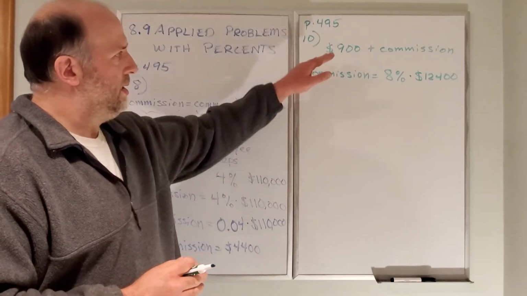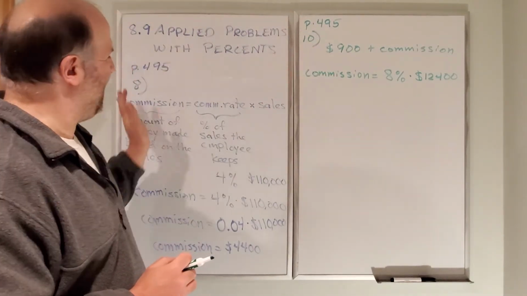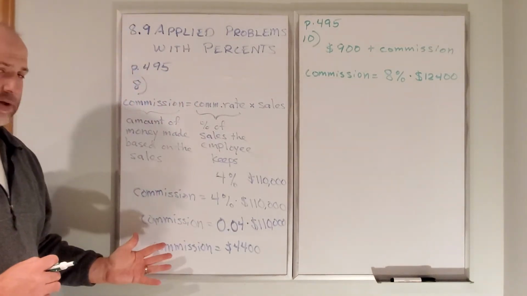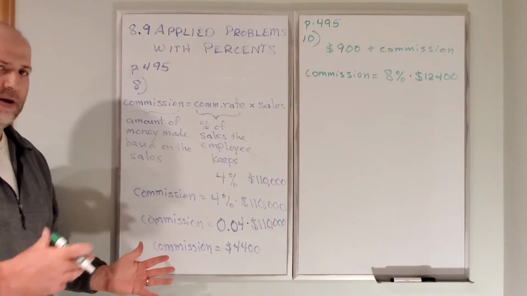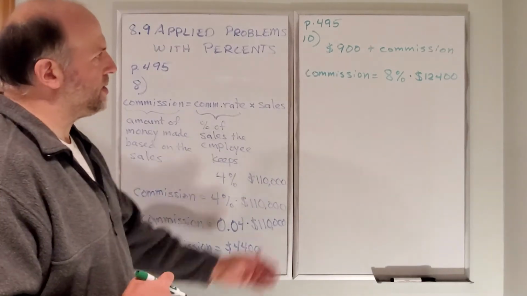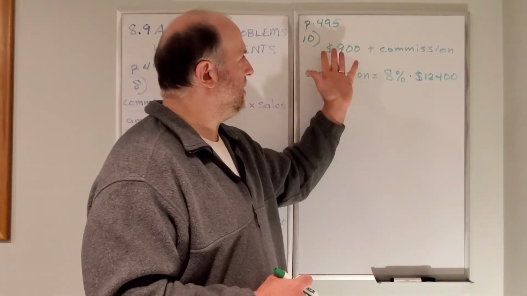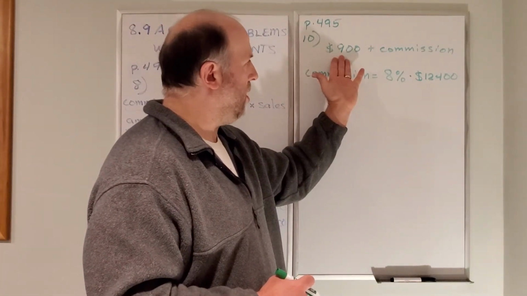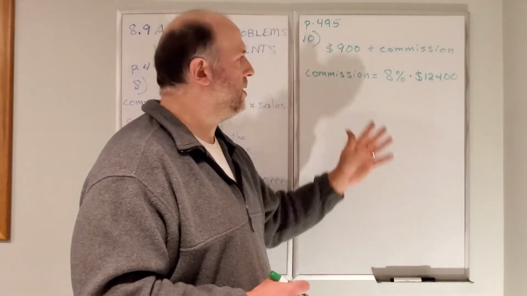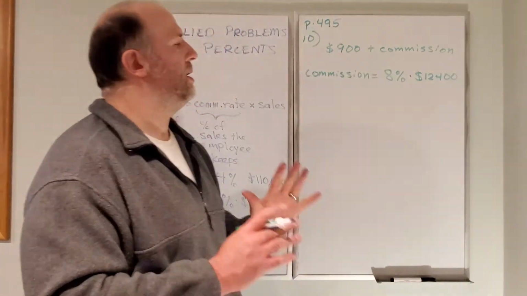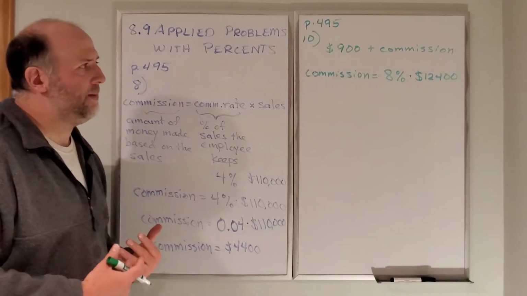Okay, so again, the only main difference between 10 and 8: Anthony was paid strictly on commission for the amount of business equipment he leased. In problem 10, Phoebe is paid a flat amount of $900 always. That's the minimum she'll make in a month. Plus, she gets paid commission for sales on top of that.